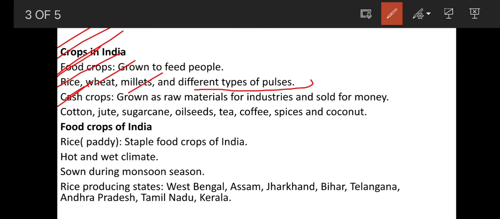What do you mean by cash crops? Cash crops are the crops which are grown as raw materials for industries and sold for money.